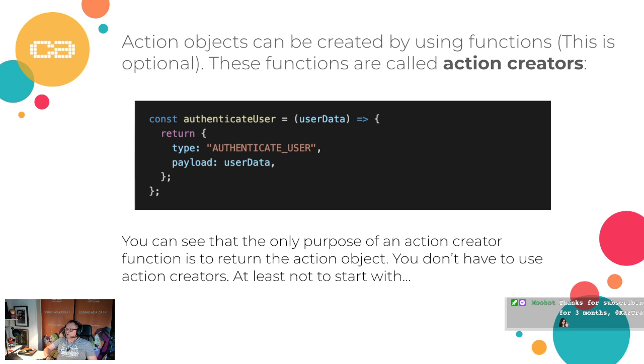What you could do, and we won't do it today, is wrap this action into a function. Action objects can be created using a function. Again, this is optional, and it is referred to as action creators.